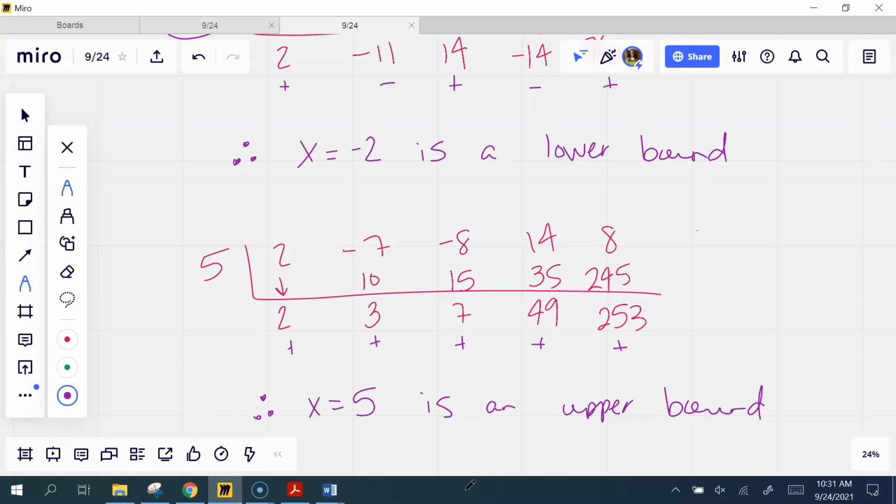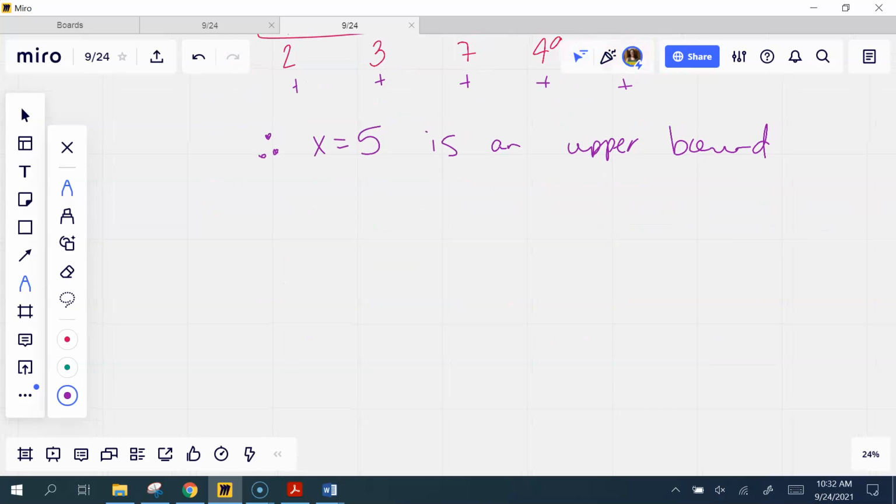All right, I think that's it. In your homework, it's going to give you a value and say show that this is an upper bound or show that this is a lower bound. So what I'll have you do, and you have a long time to do it in, so you can do it in class today.